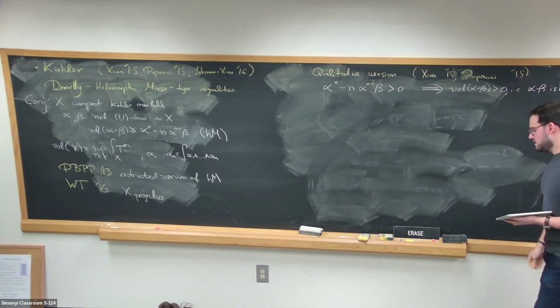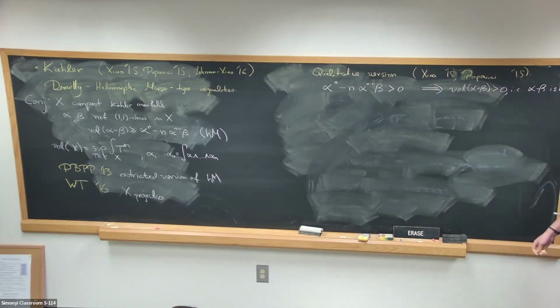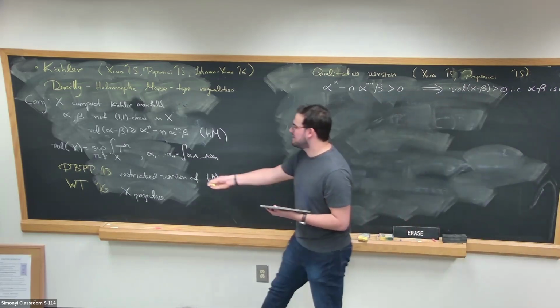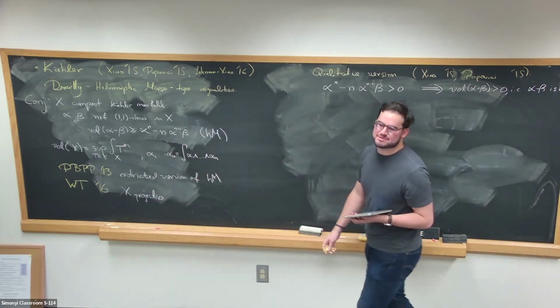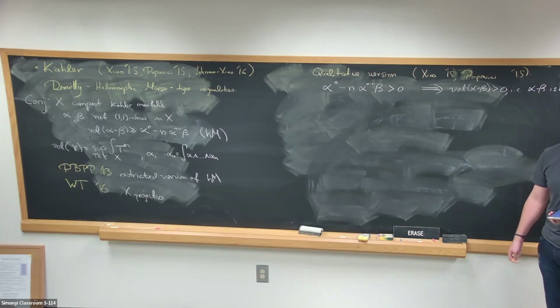What does big mean? Big means that the volume is strictly positive. It's a technical term. Doesn't big mean something like the dimension of the sections of the powers of the line bundle? Precisely, the leading coefficient is positive. This leading coefficient is the volume.